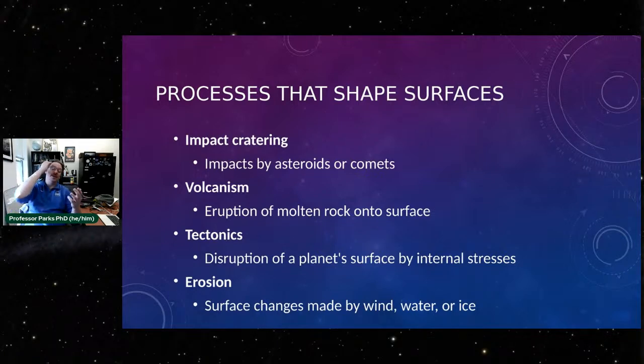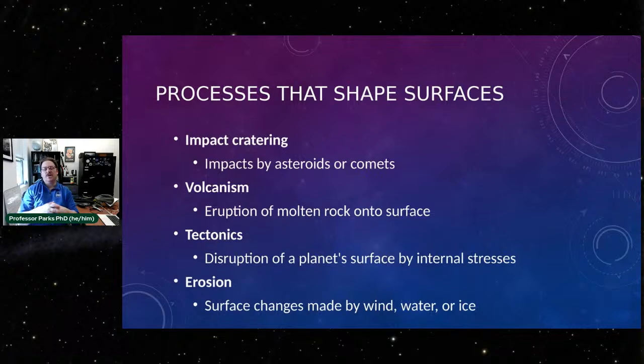I could also put meteoroids into this equation, but really, I don't quite understand the difference between a meteoroid and an asteroid. I get what a meteor is. I get what a meteorite is, but I don't quite know the difference between a meteoroid and an asteroid. So I'm just going to simplify it down to asteroids and comets.